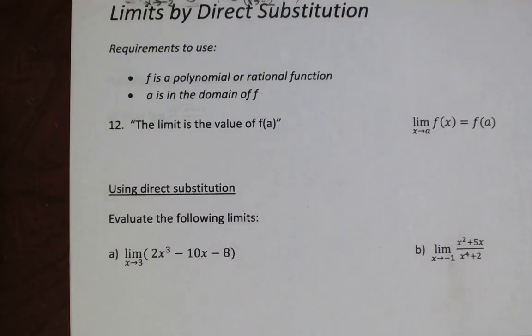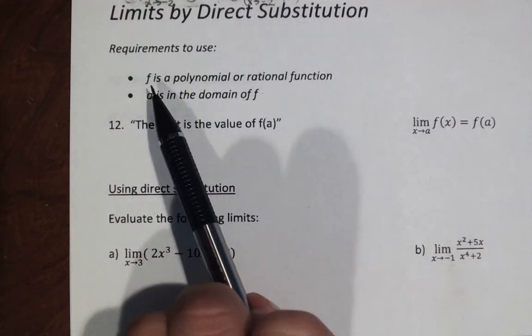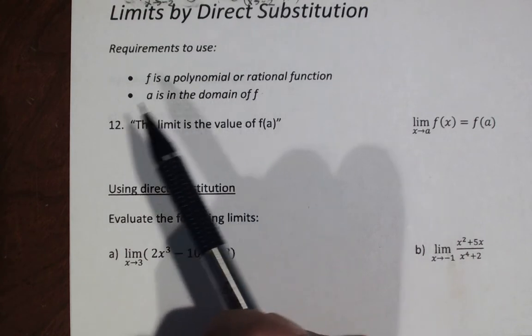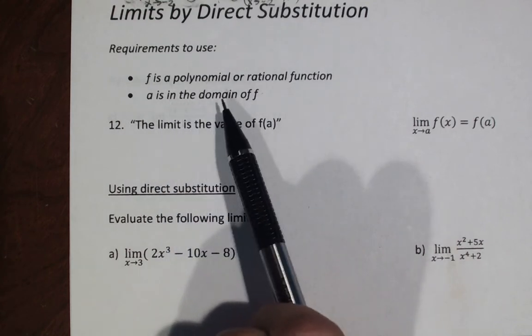Now, the last thing we're going to talk about is limits by direct substitution. You need to have the requirements met. The requirements to use direct substitution say f is a polynomial or a rational function, and a is in the domain of f.